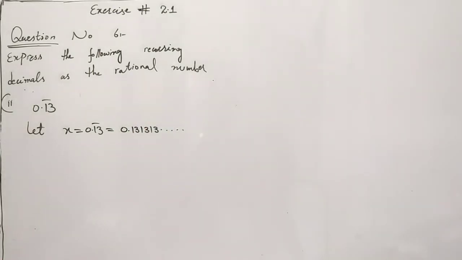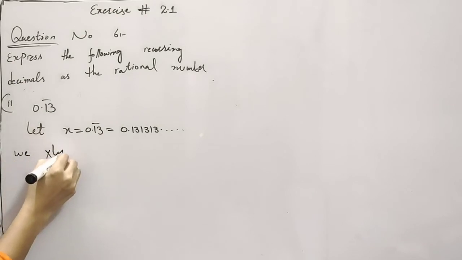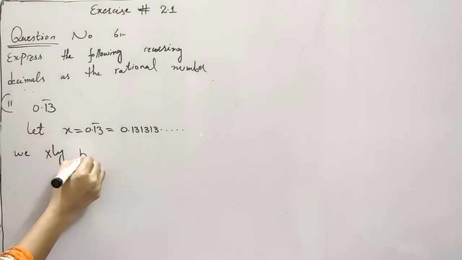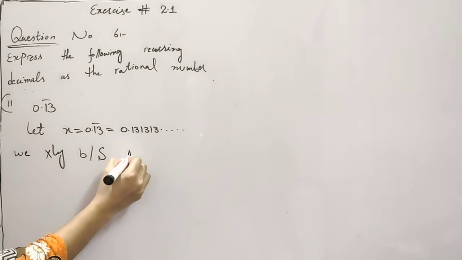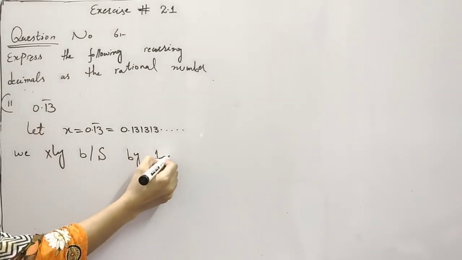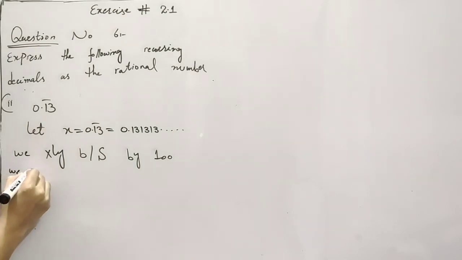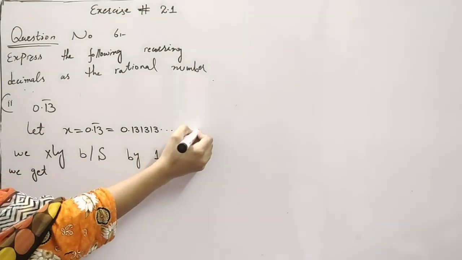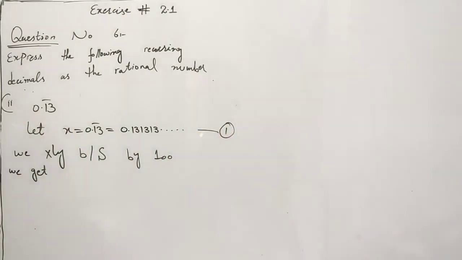Since the two digit block 13 is repeating itself indefinitely, we multiply both sides by 100. Call this equation number 1.